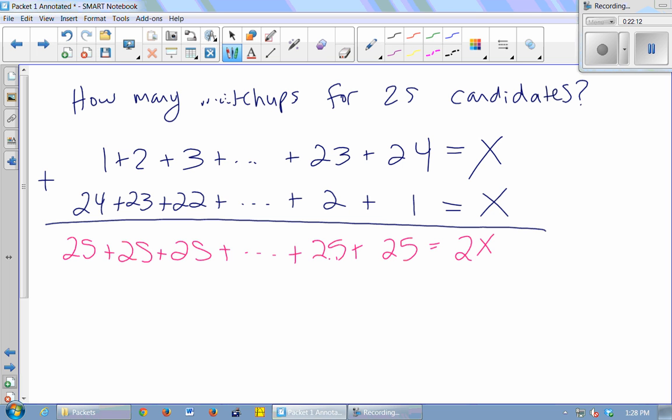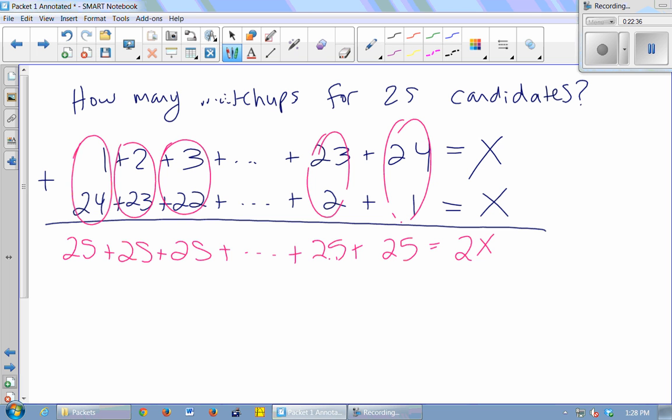Multiplication, yeah. So I'm adding 25 to itself how many times here? 24, that's right. You can look at the index on the top: 1, 2, 3, up to 23, 24 times I added things together and got 25.